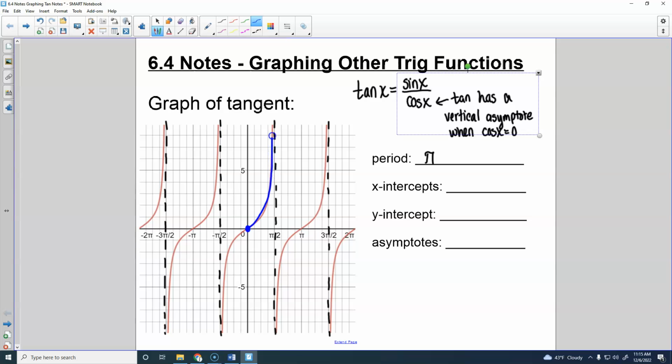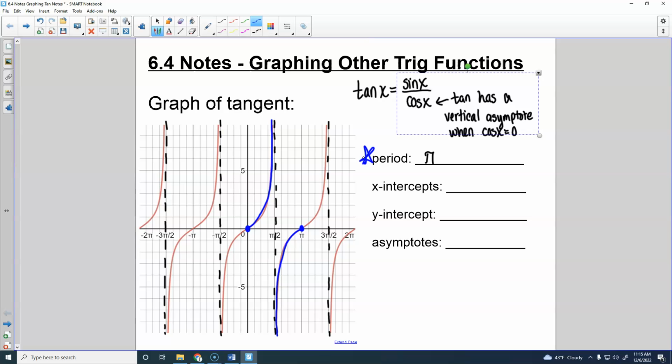If we trace this, and then we go down here and pick up, it starts to repeat the pattern right here at pi. Okay, so this is the big difference for tangent. That's the biggest thing you need to remember about tangent, is that the period for tangent is only pi.